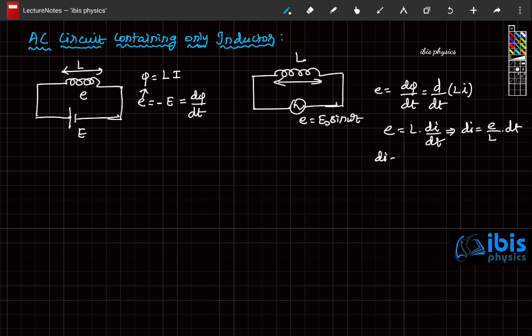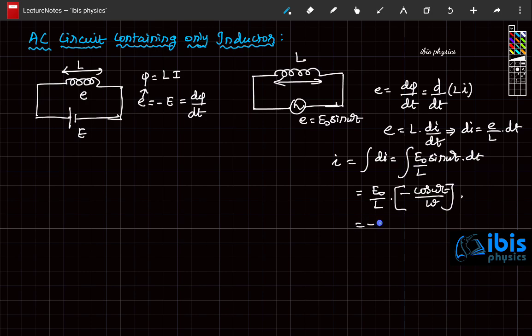So di is equal to E naught sin omega t dt by L. So I is equal to the integral of this, E naught by L. The integral of sin omega t is minus cos omega t by omega.